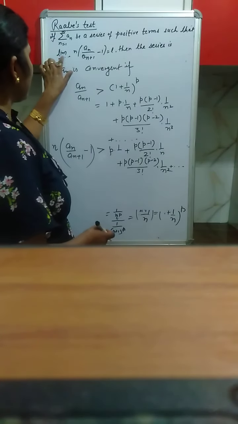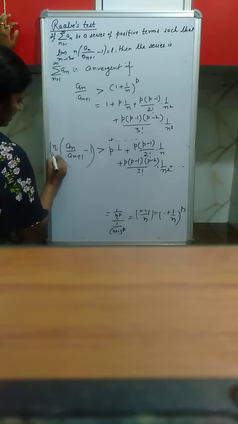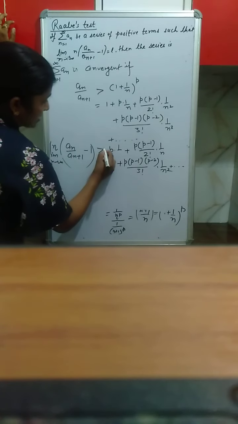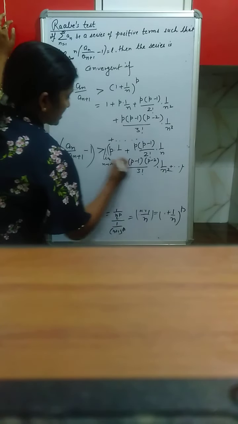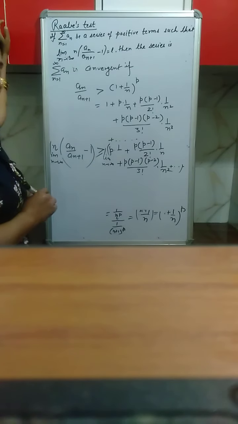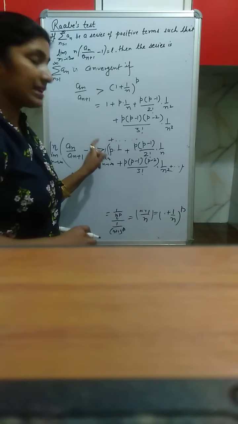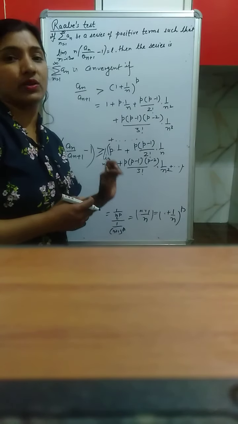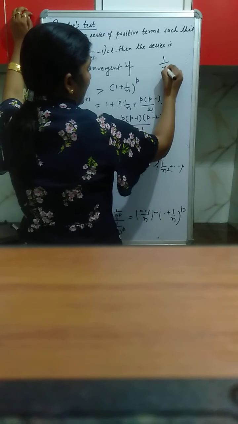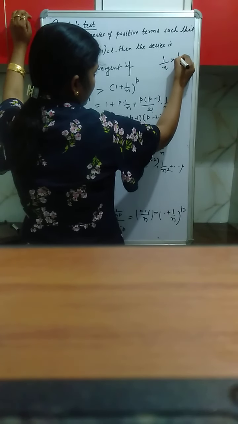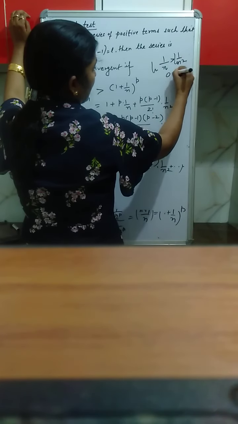And then we will put limit n approaching infinity on both sides. Then it will be greater than or equal to, and you know this is L. When we put the limit, the greater than symbol will be converted into greater than or equal to, because it is very clear from this example: 1 upon n is greater than 1 upon n square, but limit and limit are equal.